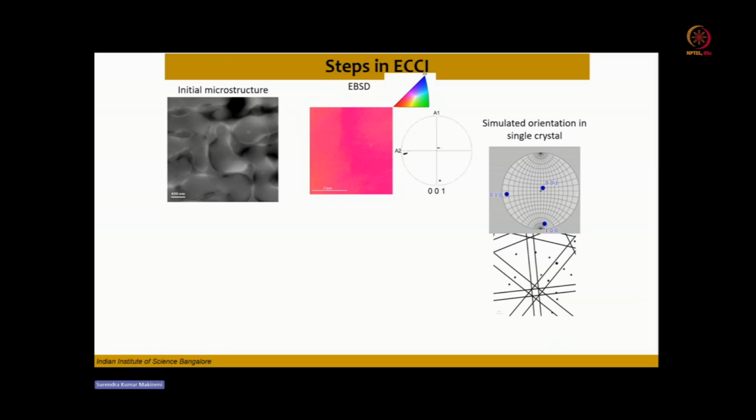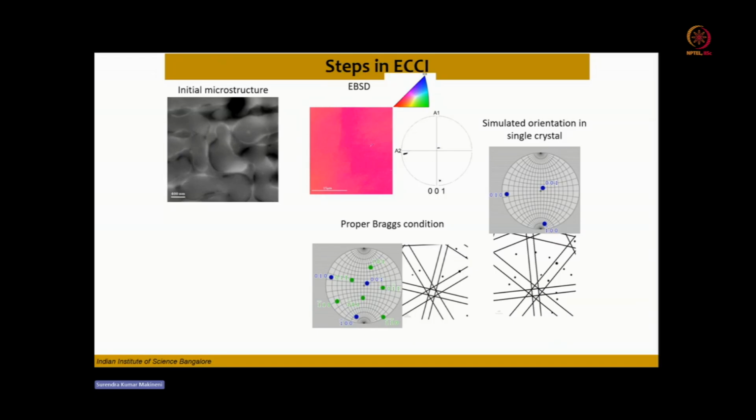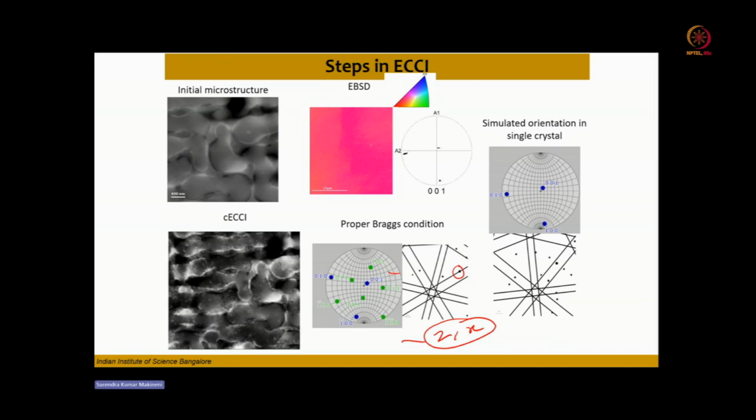This Kikuchi map can be reoriented by Z and X to get a proper two beam condition. So you can see that in this particular case, this beam is in the two beam condition, and you can get the stereographic projection. These Z and X angles are again incorporated into the SEM stage, and you can record the ECCI image from that region.